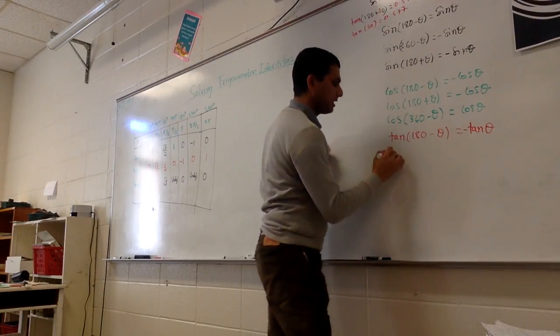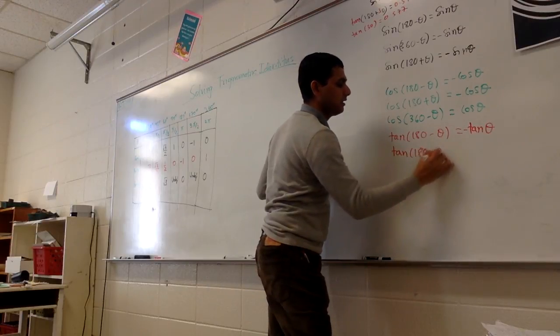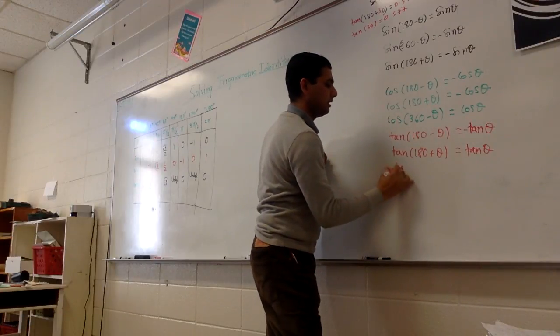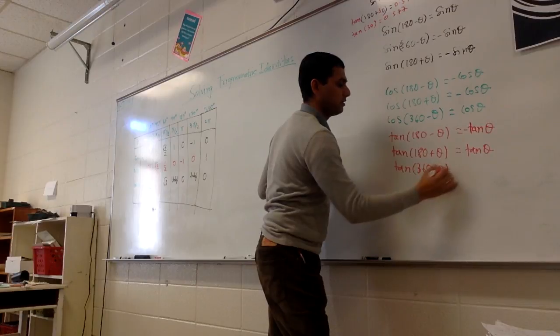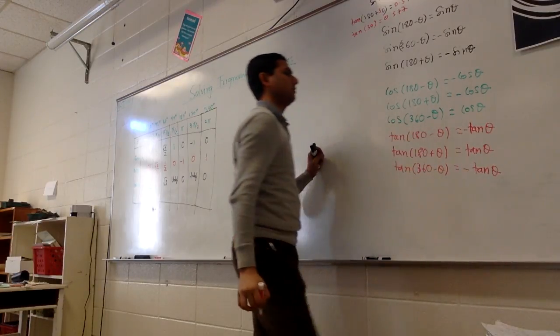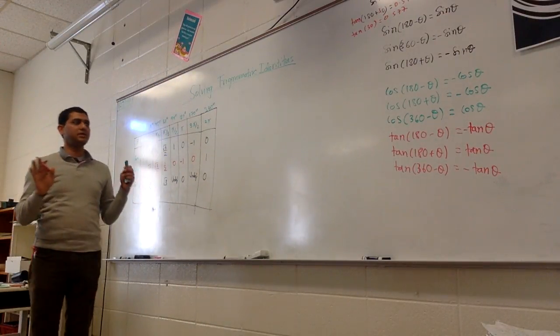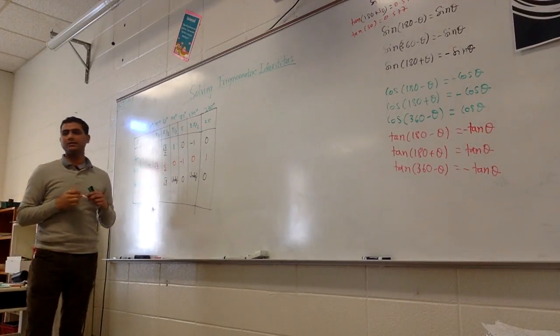So tan 180 plus theta is equal to tan theta, and tan 360 minus theta will be negative tan theta. These are all we need. Now, these are all background knowledge. There is no theory for this. We are using this background knowledge now to solve the identities.